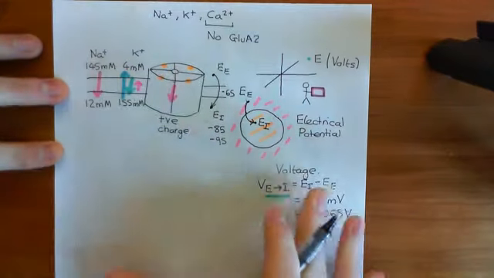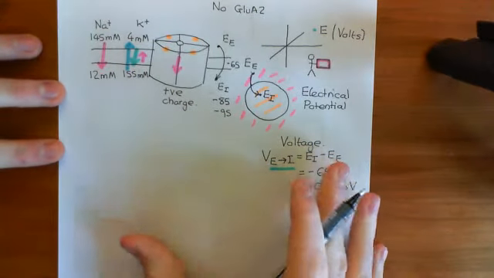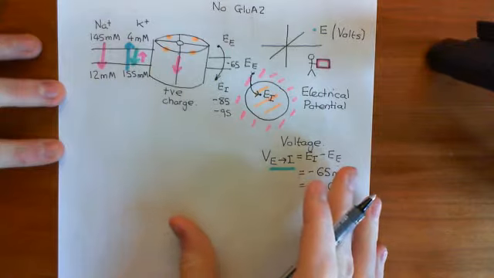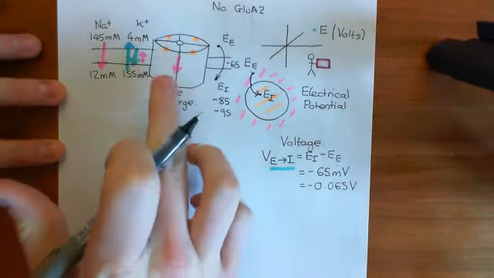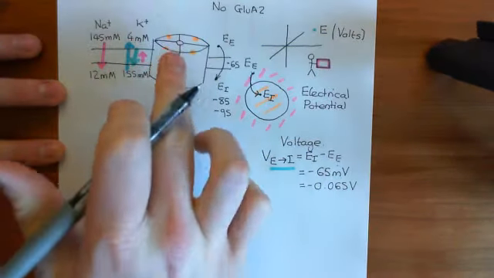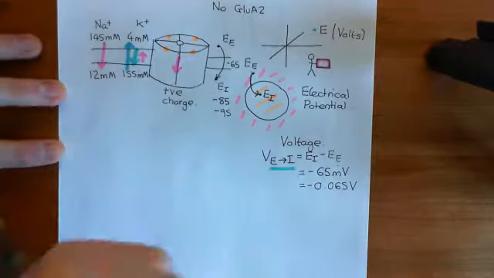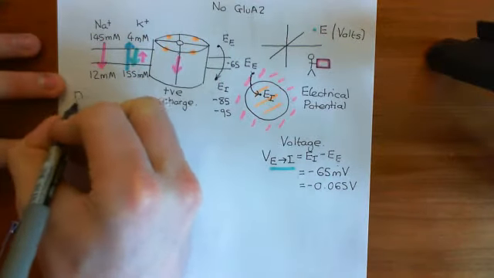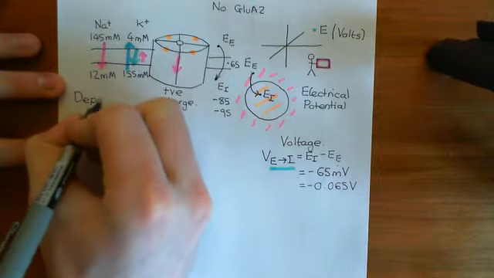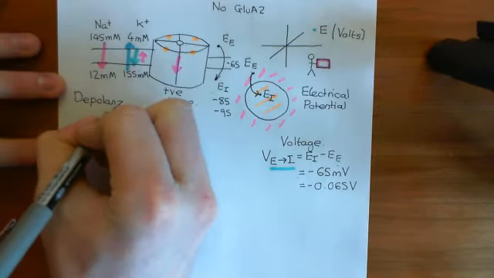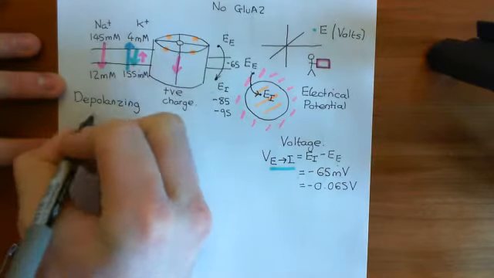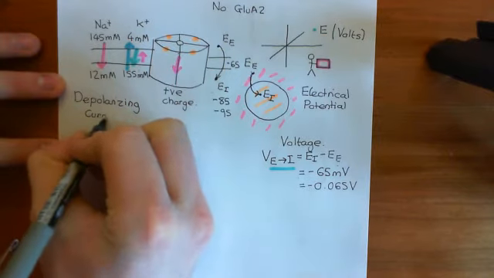Now what effect is this going to have on the electrical potential difference across the cell membrane? Basically, when you have a movement of positive charge like this, it's known as a depolarizing current. Let me explain that term. A current just means a movement of charged particles.